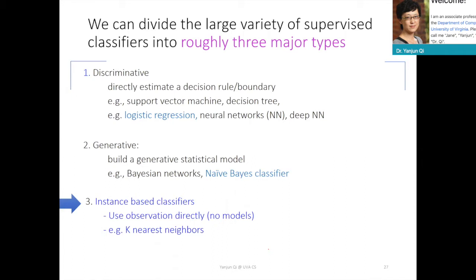The first group is discriminative classifiers, and the main goal in the discriminative classifiers is to directly estimate decision boundaries. This is the reason why I try to emphasize the concept of decision boundaries.